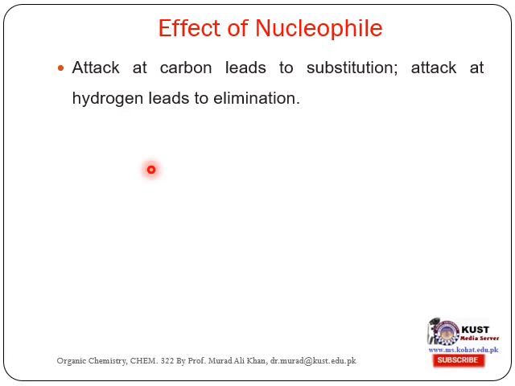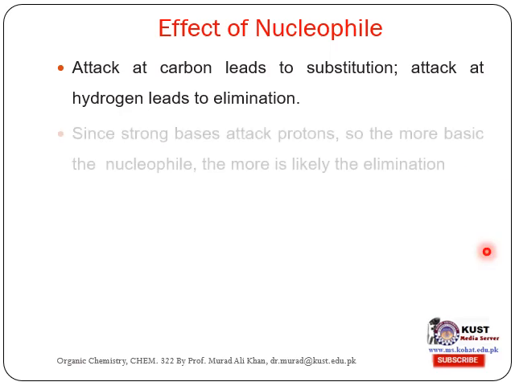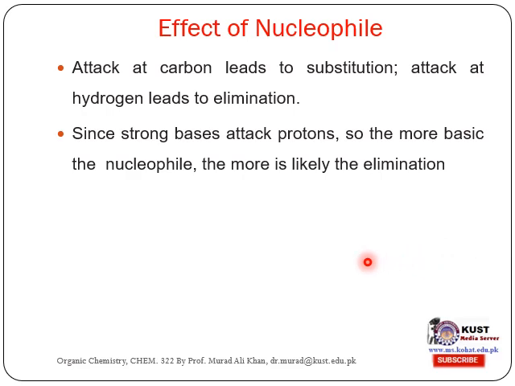In the substitution reaction, a nucleophile attacks on the carbon, leading to substitution. But in the elimination reaction, the nucleophile attacks on the hydrogen, and that leads to the elimination.